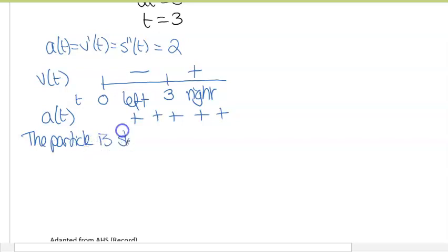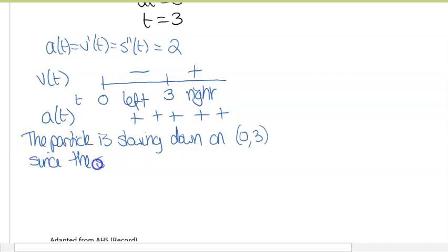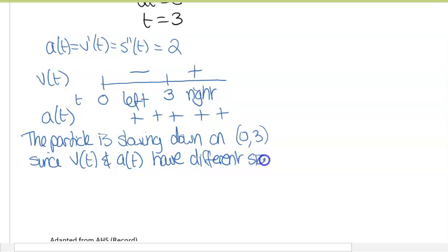Particle is slowing down on the interval from 0 to 3, since v of t and a of t have different signs. This is our justification.